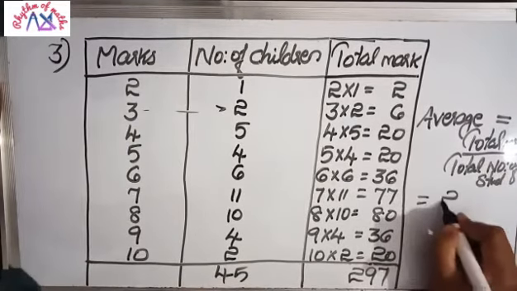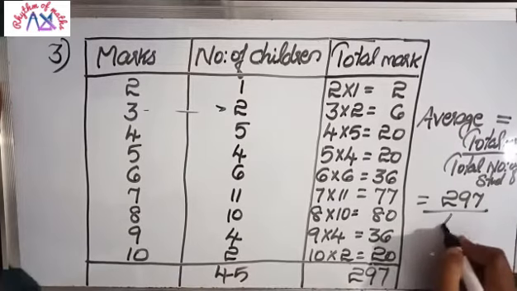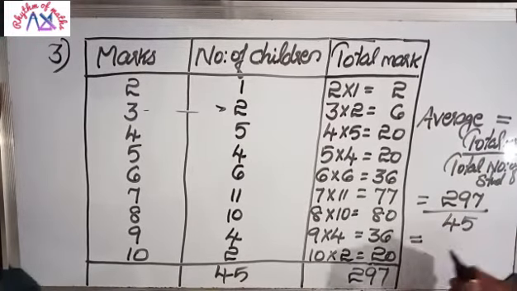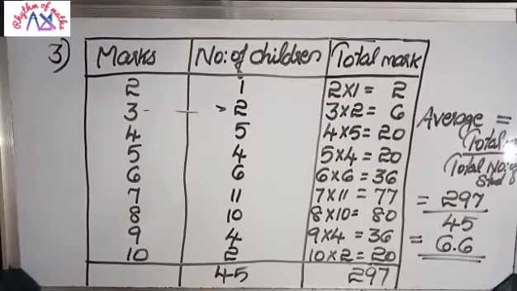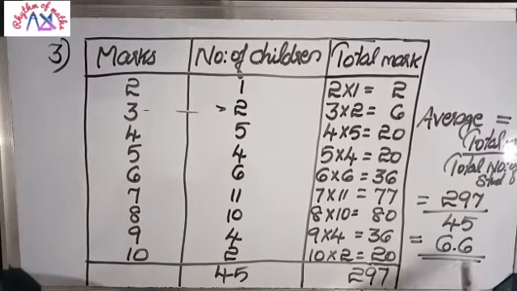That is, 297 is the total mark divided by the total number of students, 45. So 297 by 45, the answer is 6.6. So 6.6 is the average mark of this particular class. For a particular subject the average mark is 6.6.